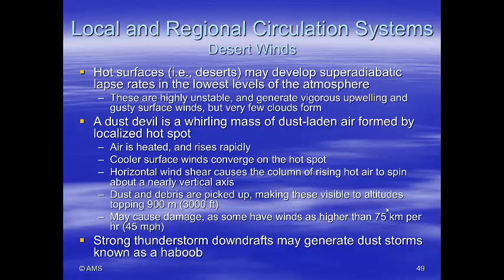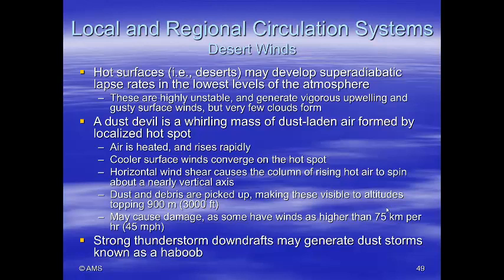And dust and debris are picked up, making these visible at altitudes topping 900 meters. Right, so that's about a half a mile. So they may cause damages, as some have winds higher than 75 kilometers per hour or 45 miles per hour.